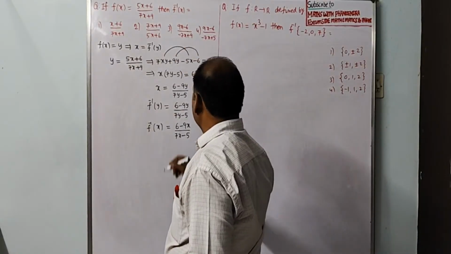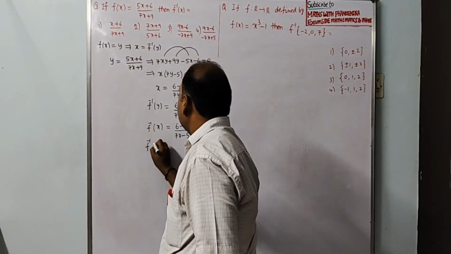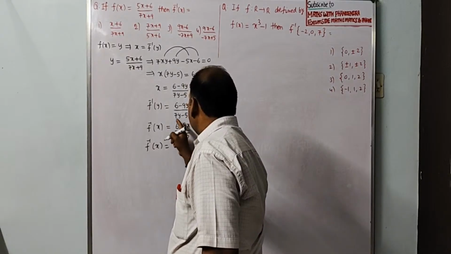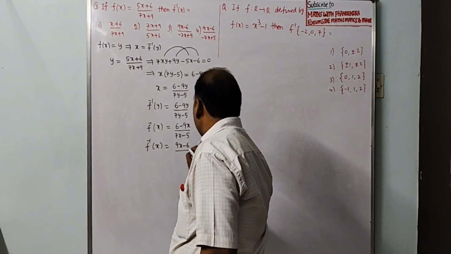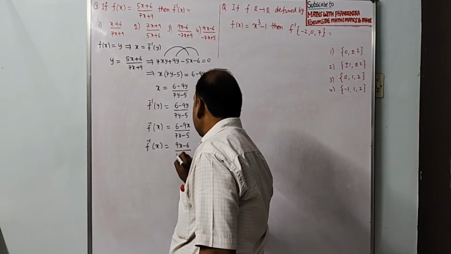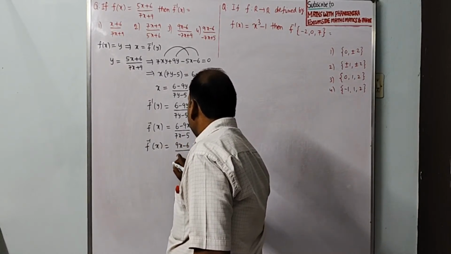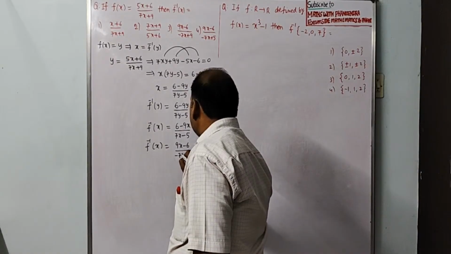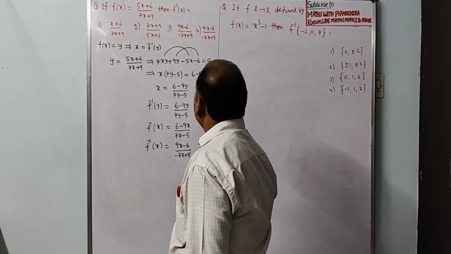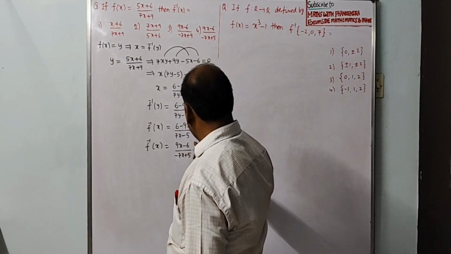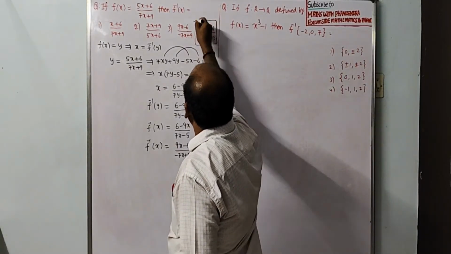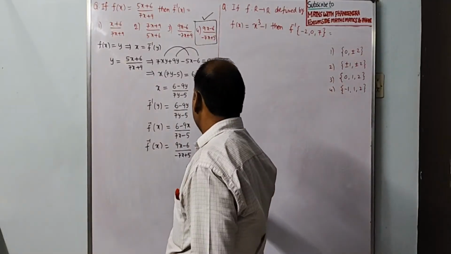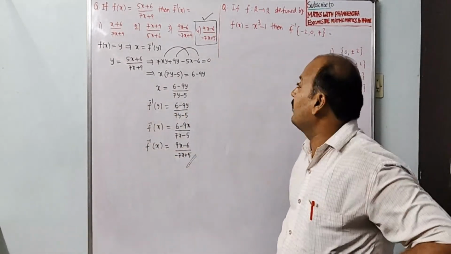In the next options, if you interchange these two with minus, 9x minus 6 if you write, denominator multiplying by minus, minus 7x plus 5 will come. Is it there in the options? 9x minus 6 over minus 7x plus 5. It is there in the fourth option, dear students. This is inverse of the given function.